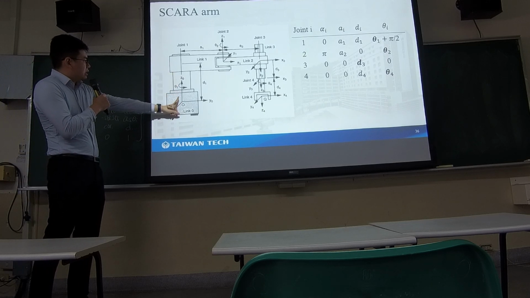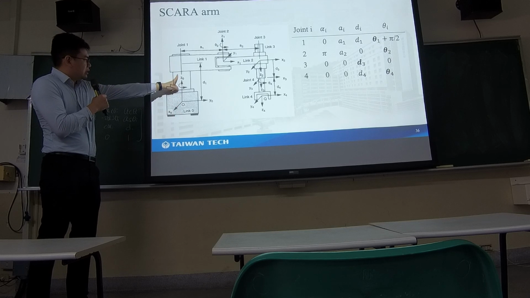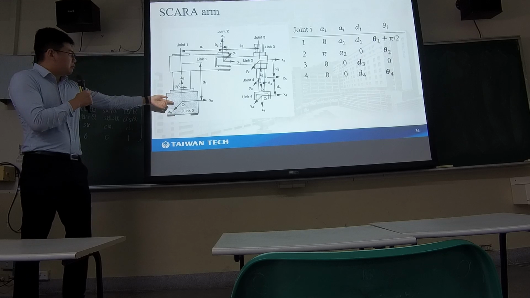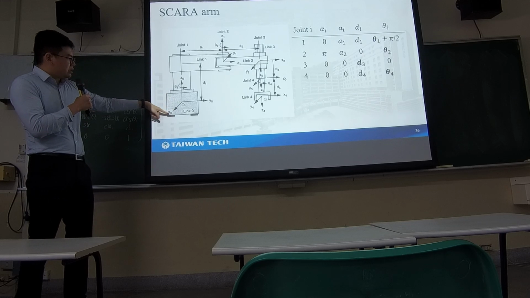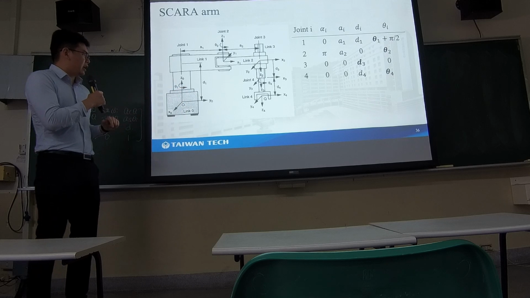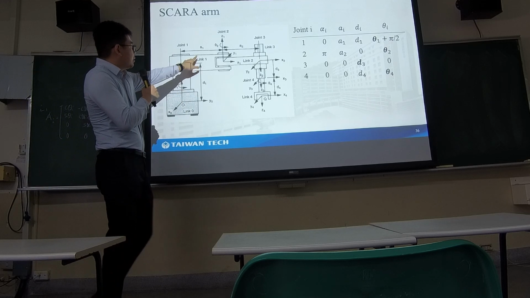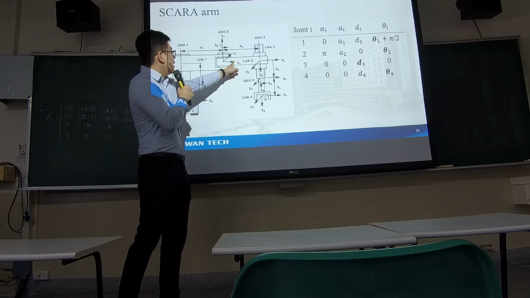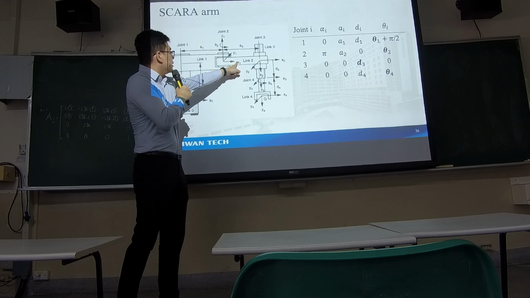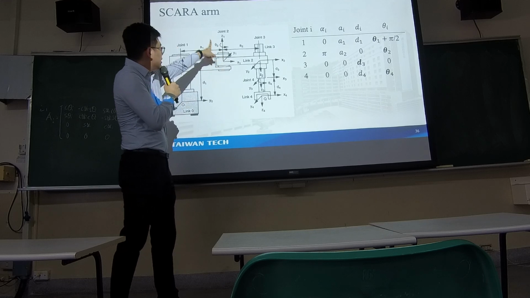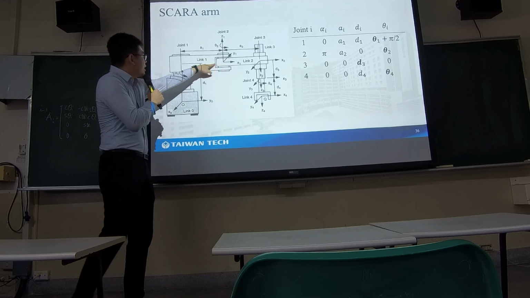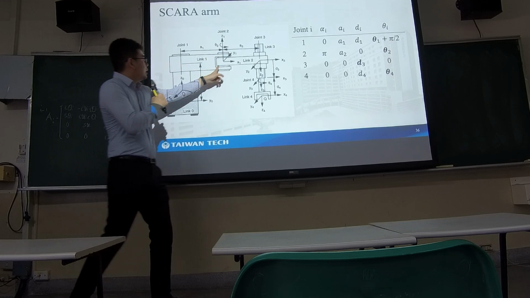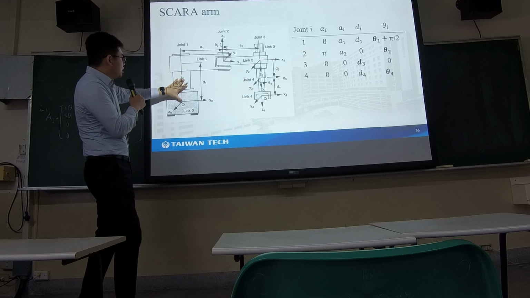If this is the direction of rotation, so z0, and depending on you, whether you set your x here or here is fine. For the next one, this is x1 and z1. x1 passes through z1 and z0, and is perpendicular to both axes.